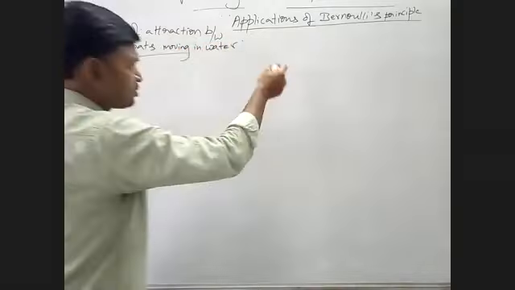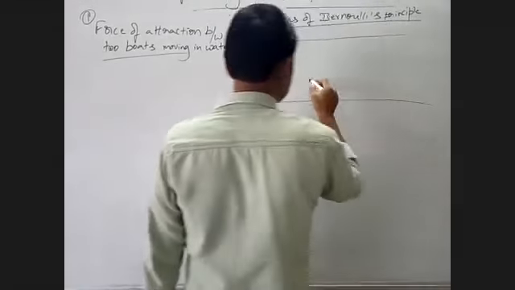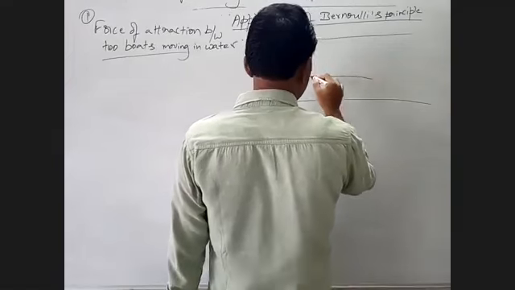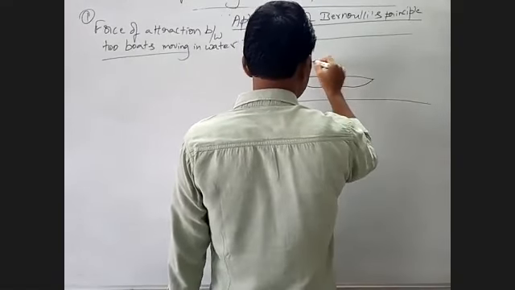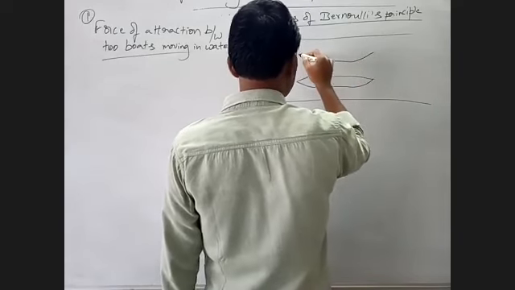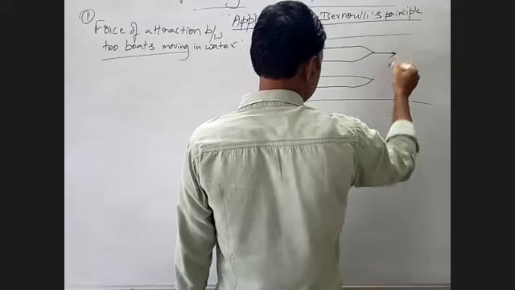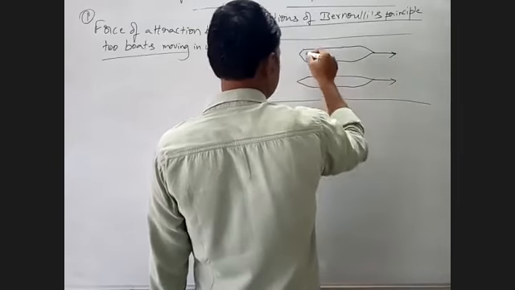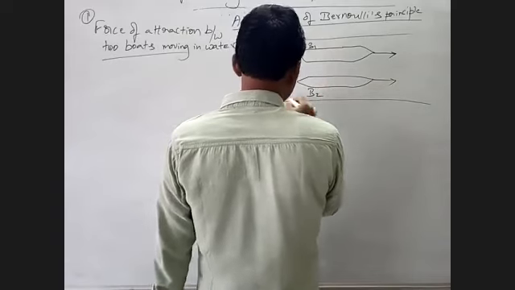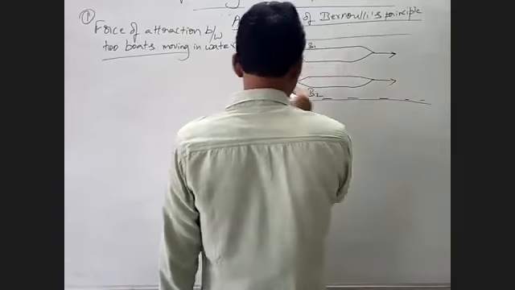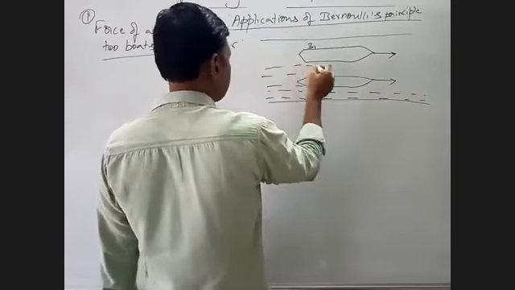Imagine this is a stream, and there are two boats moving here very near to each other. Both are moving in this direction. Boat one, boat two. This is the stream of water, or river or whatever it is, no problem.